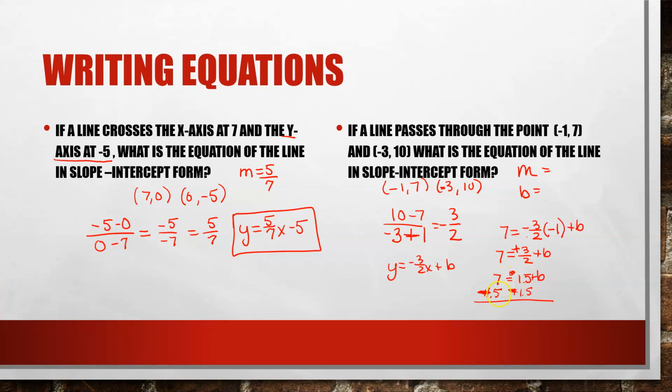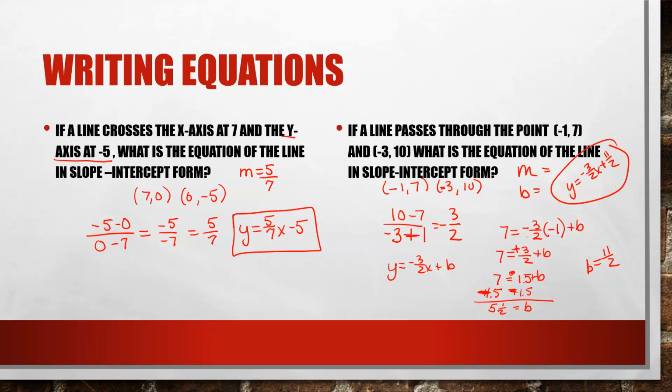And so 7 minus 1.5 is 5.5 equals b, which is 11/2. So b is 11/2. Okay, so here's my equation: y equals negative 3/2 x plus 11/2.